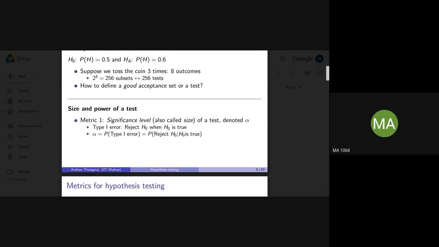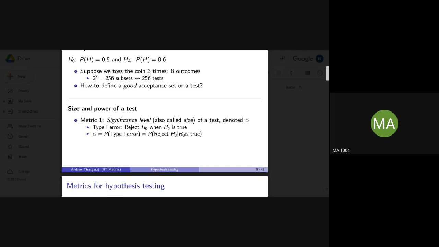So what we're saying here is, you don't know that, but let's say your H naught was true, but still you had the test and you came up with the conclusion and rejected your H naught.